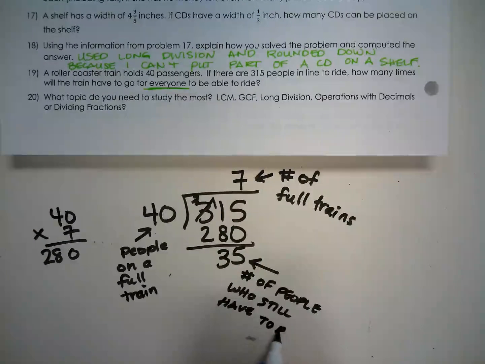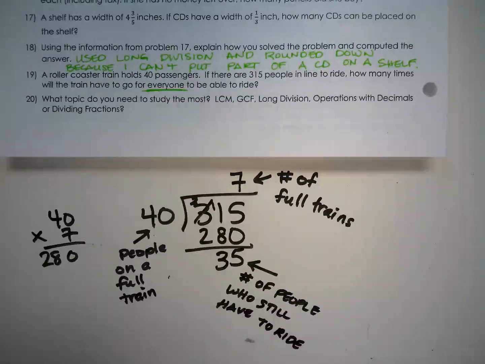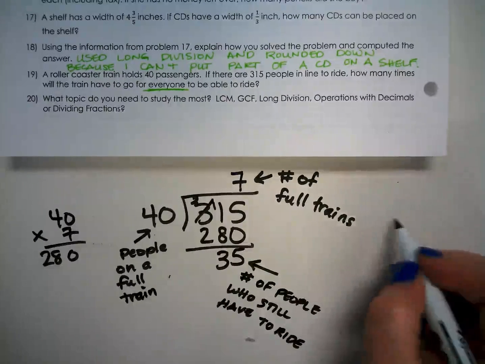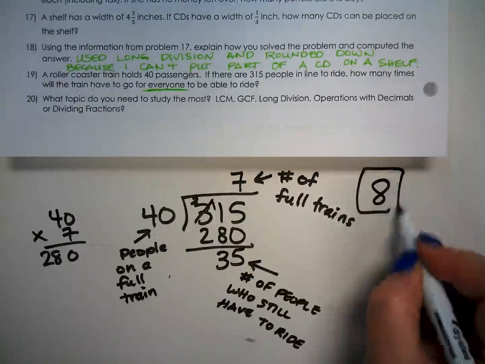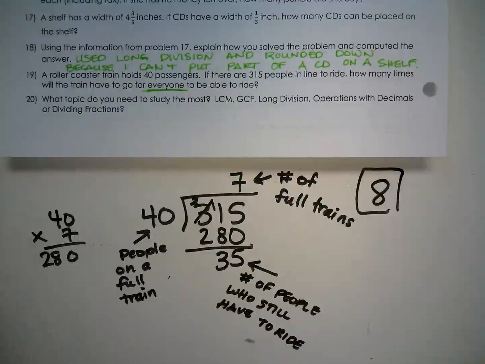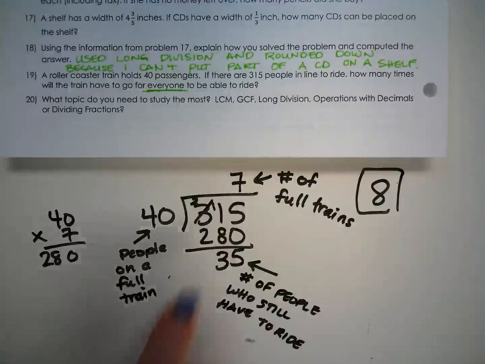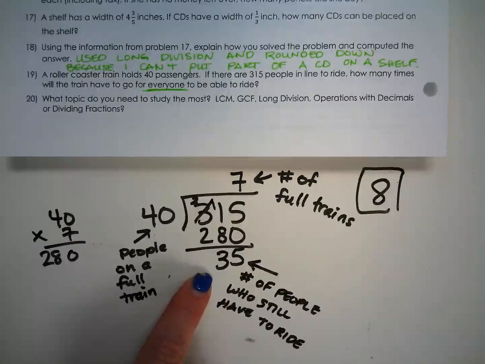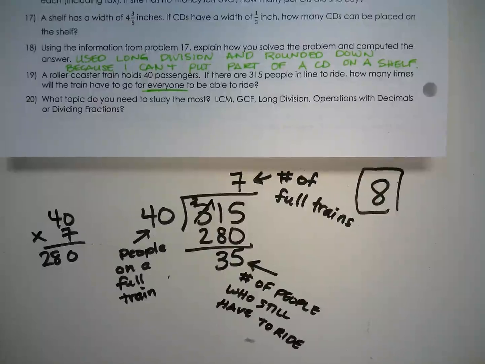Okay, the leftover, the remainder here, are the people that didn't make it onto a full train. So we still have to send those 35 people down the ride. They're just not going to fill up a train. So in the end, the final answer is going to be 8. We will need to send 8 trains down the chute to make sure that all the people get to go. 7 trains will be full, and the last one will be missing 5 people. But we need to make sure these guys get to ride too.